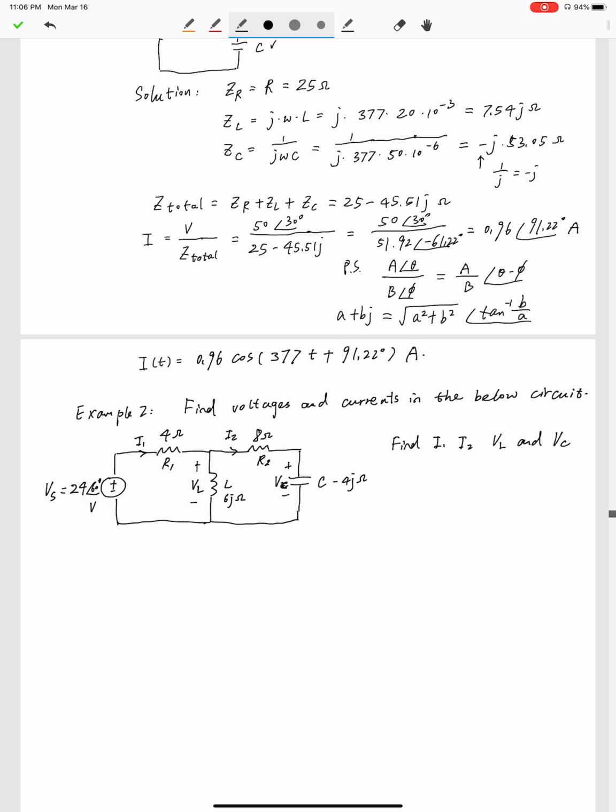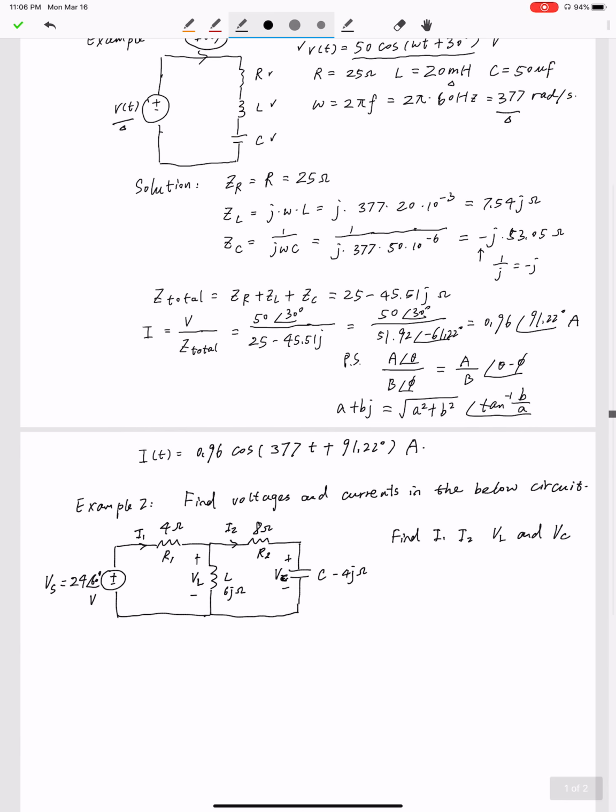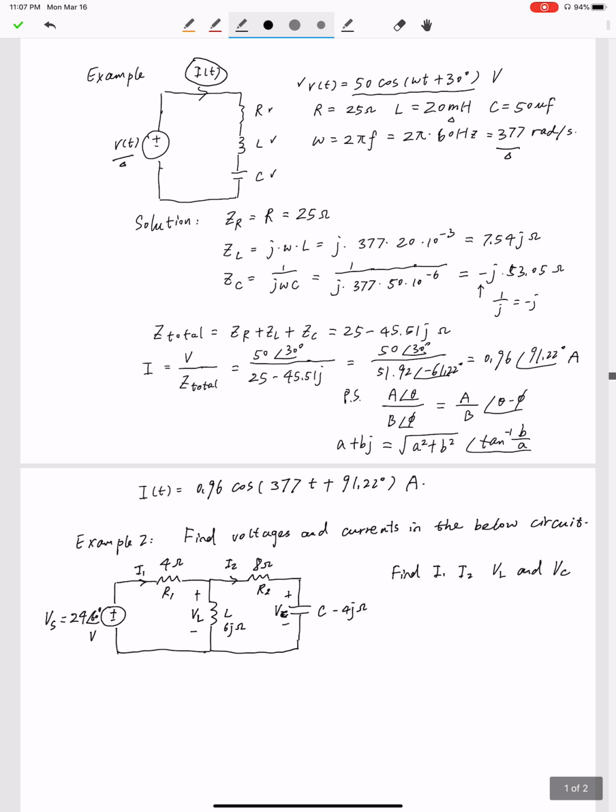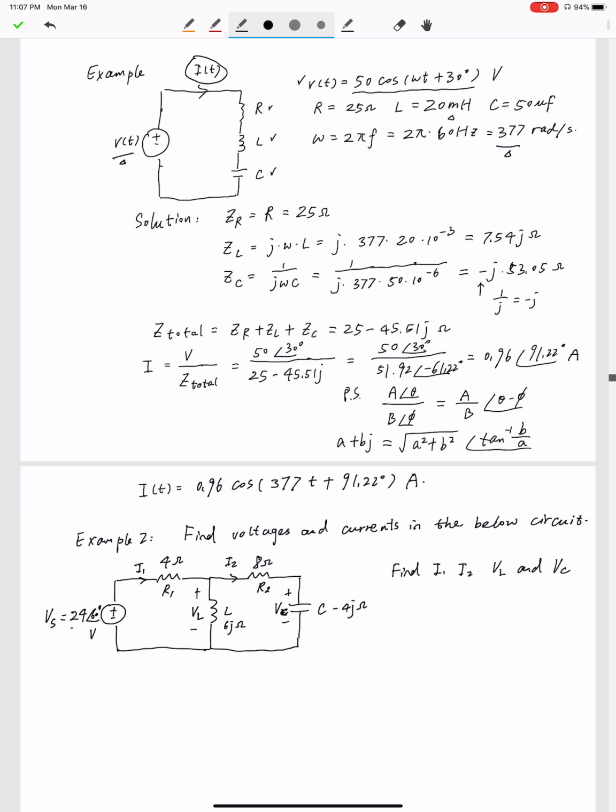Right, so how do we solve this problem? If you compare this problem to the previous one, a very obvious difference is that in the previous question, the voltage source is represented by a cosine function, which is a time domain function. But in this example, the source is directly given as a phasor. So you don't need to do the cosine function to phasor transformation.